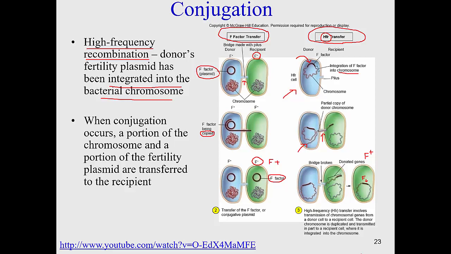It integrates into its chromosome, and it is now F plus cell. Okay, so a portion of the chromosome and a portion of the fertility plasmid are transferred to the recipient in the second case. So both cases are possible. So I'm going to let you pause here, and I'm going to let you watch the video at the bottom. Again, this is embedded in your PowerPoint slide.